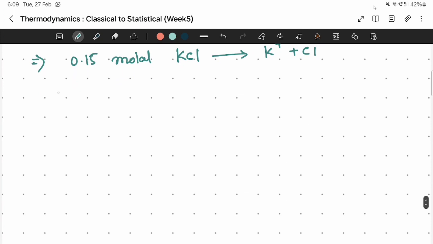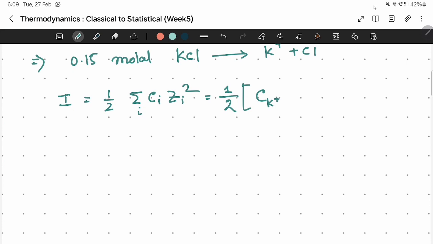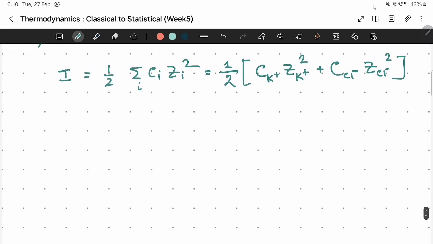Now what will be the ionic strength? It will be half times the sum of Ci Zi squared: concentration of K plus times charge of K plus squared, plus concentration of Cl minus times charge of Cl minus squared. Both charges are 1.